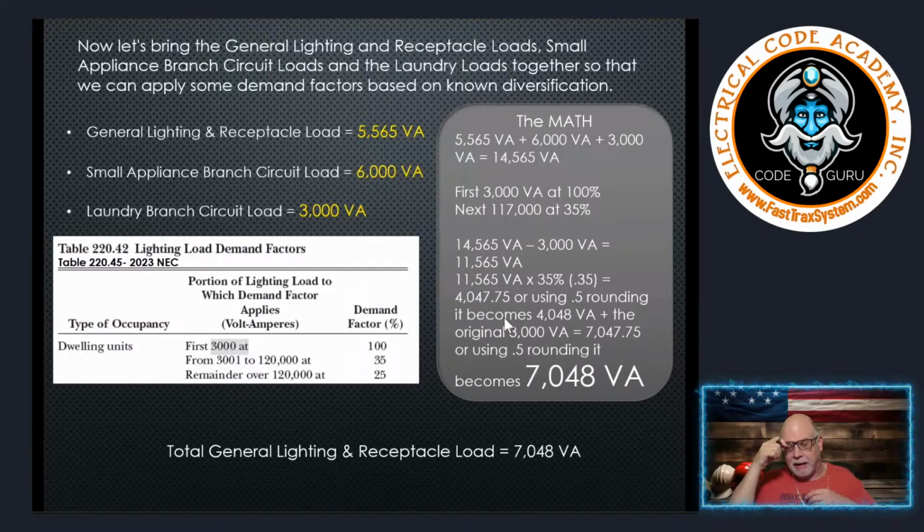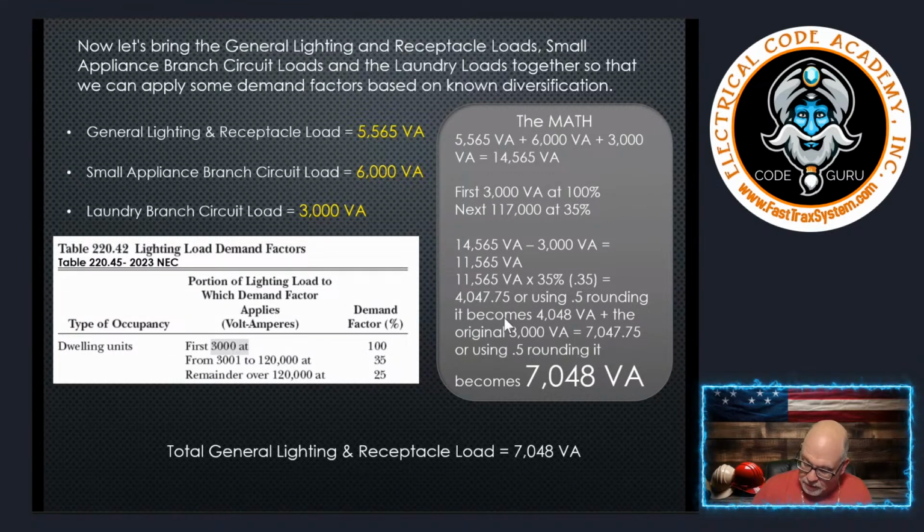Now, here's the first thing I'm going to remind you in this process. That is also neutral loads. We get to apply the same demands that we just did for the neutral as we're doing for the hot. So I recommend you, when you're doing a calculation to save you some time, although we're going to do the neutral quickly at the end here, just write it out in the column beside it, this open column. Keep track of your neutrals out here.